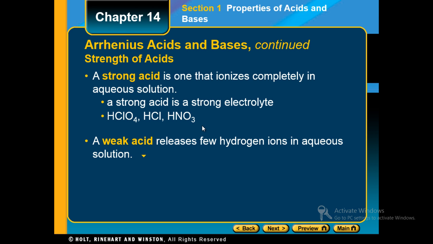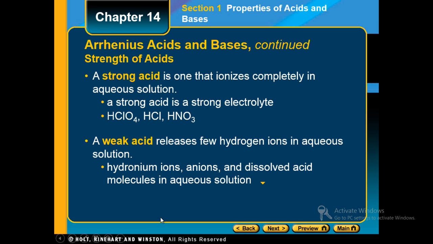And a weak acid releases few hydrogen ions in aqueous solution. A strong acid gives a lot of hydrogen ions, and here it gives only a small amount of hydrogen ions. An example is HCN, which is hydrocyanic acid.